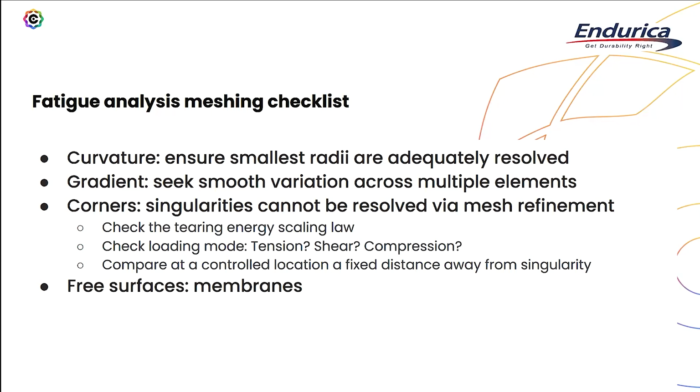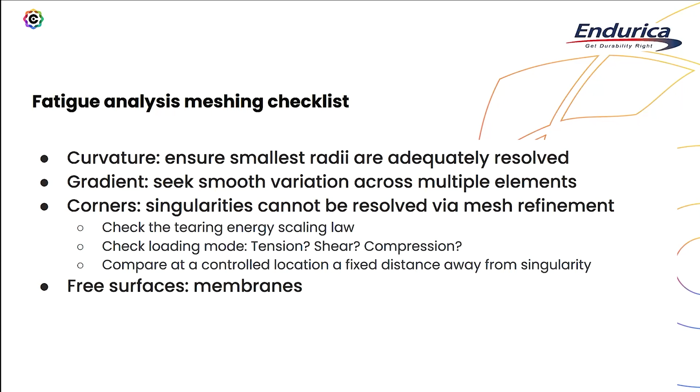A lot of times you have a deadline, and so sometimes you have to operate without a full set of convergence checks. But one thing you can look at is the gradient in the results. Like in the example of the linear tets or even the quad tets, those elements lead to a lot of highly discontinuous results between elements.